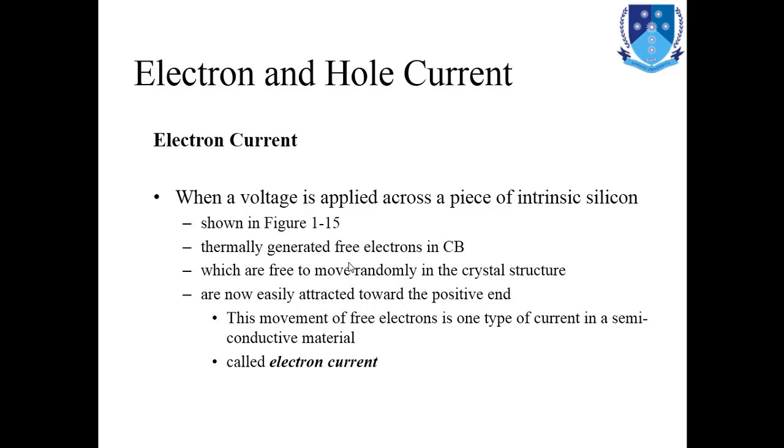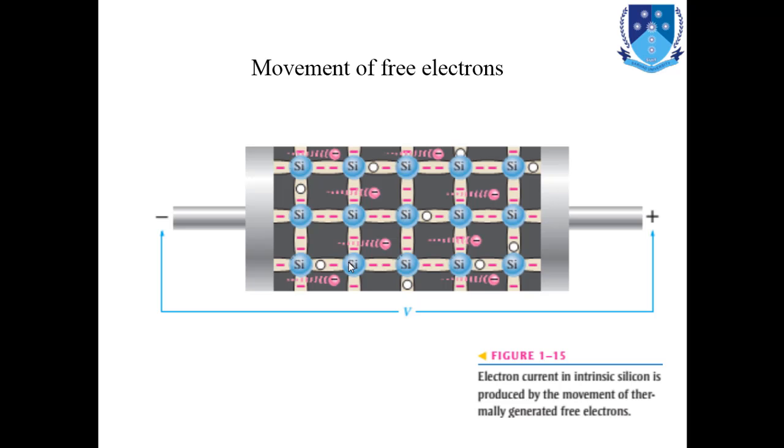These electrons are now easily attracted toward the positive end of the power supply. This movement of free electrons is one type of current in a semiconductor material, and that movement of electrons is called electron current.